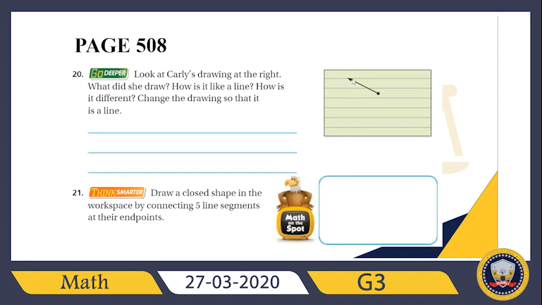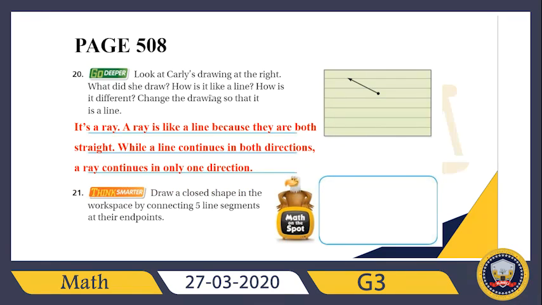It's a ray, right? Ray and line, remember, both of them are straight. So if they are straight, I can say this is an example of their similarities. A ray is like a line because they are both straight. So what is the difference between them?